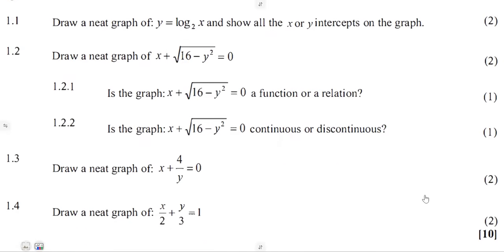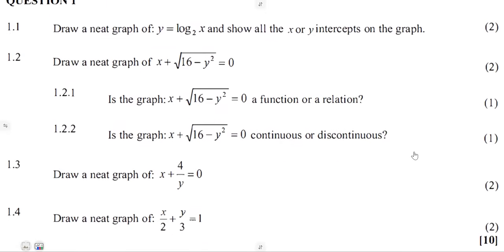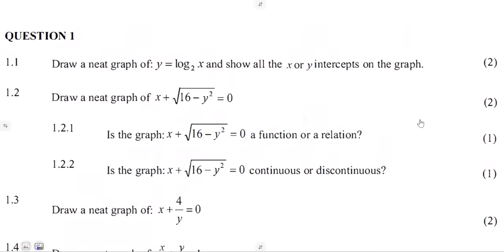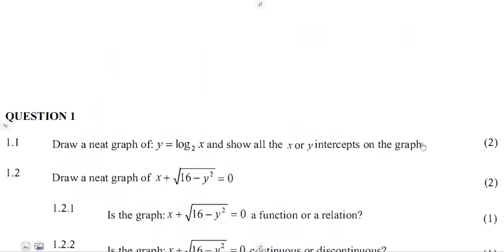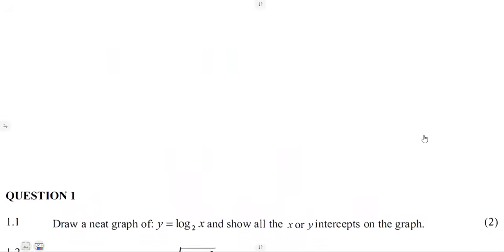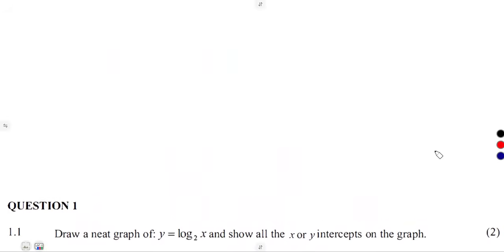So that was our question number one, 10 marks, which is on functions and graphs. We are given on question 1.1: draw a neat graph of y is equal to log x in base 2. A logarithmic graph. We had two options to attempt this typical question.